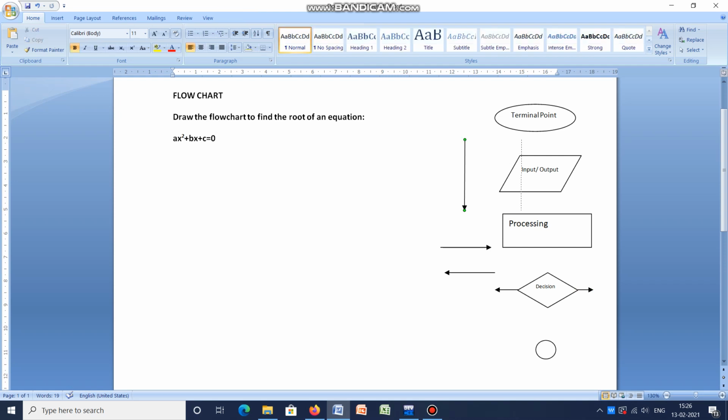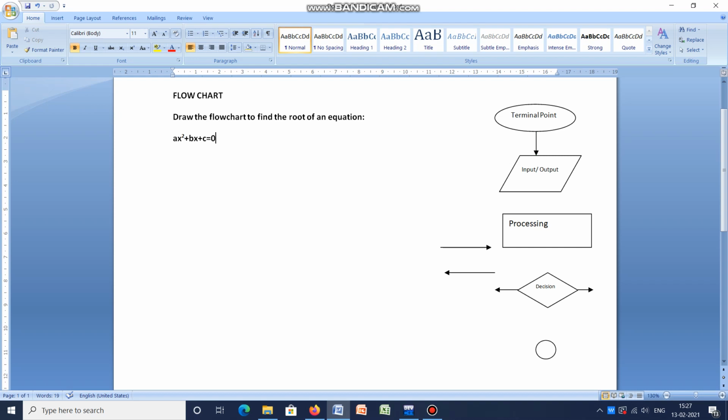Arrows can be in this fashion also. They are just connecting one block with the other, and their directions show the flow of our code, in which direction the flow is going.